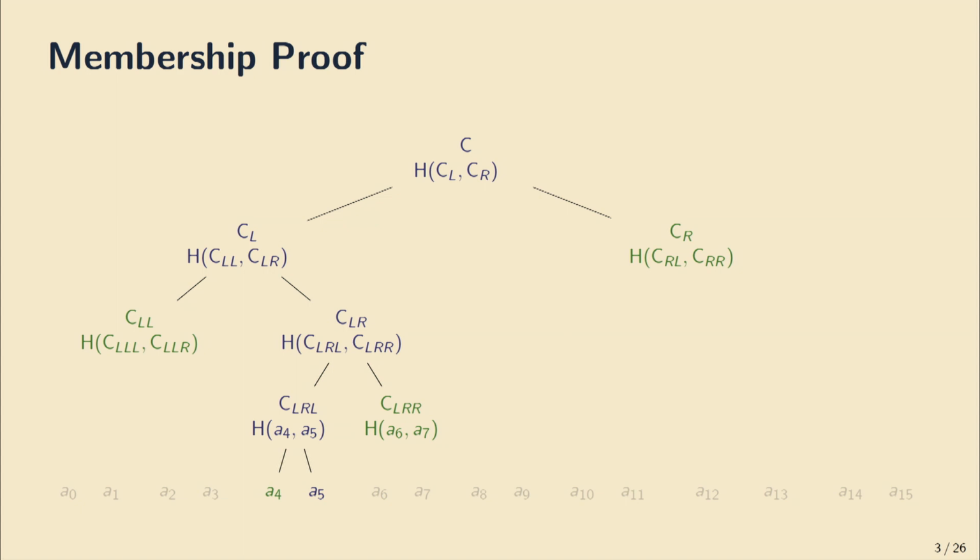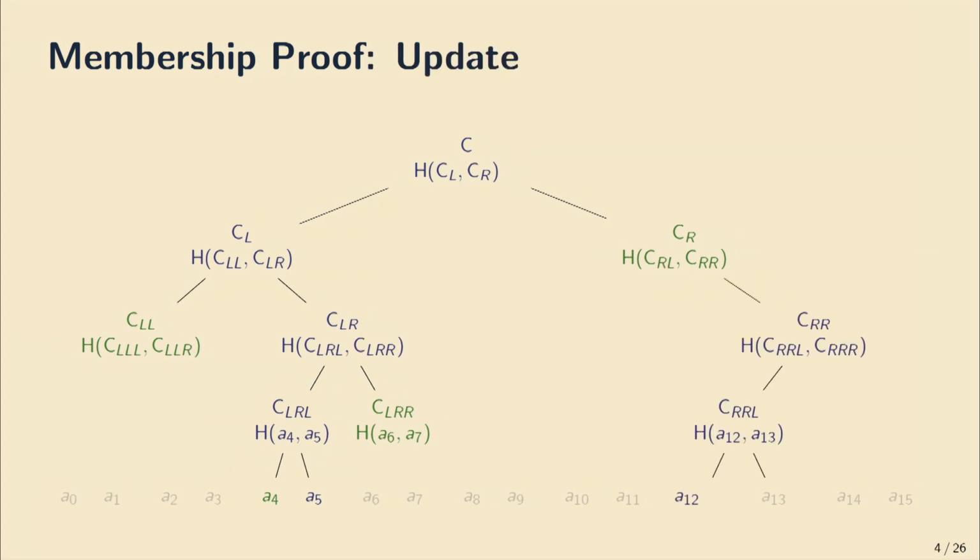What I want to talk about, which is the focus of my talk here, is updates. Now, what if an element in this Merkle tree changes? An arbitrary element. How can we update the proof for element A5? Let's do an example. Let's take A12, where we just add delta to this element. We change it.